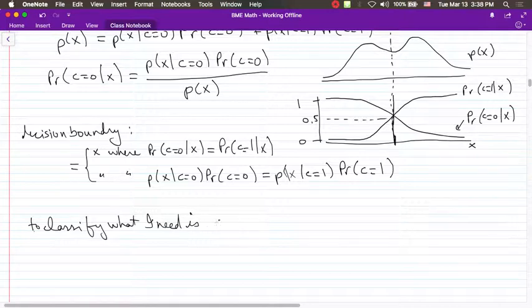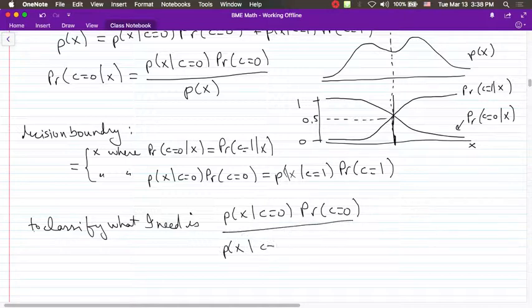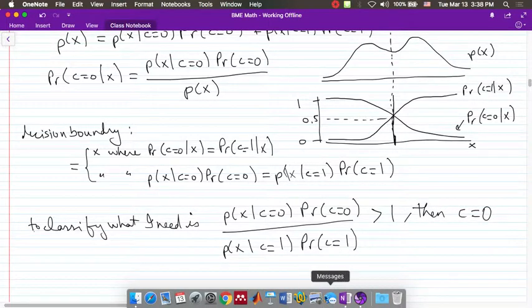What I really need is to understand the probability of x given class 0 times the prior probability with respect to the other class. If this ratio is bigger than 1, then I say your data is class 0.